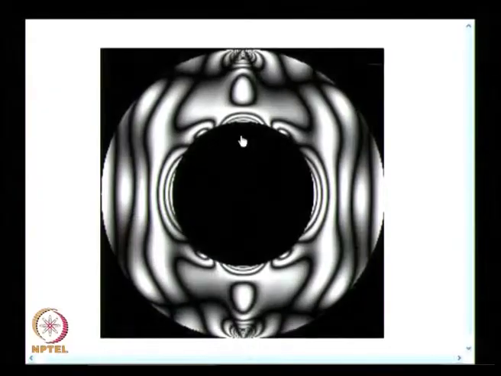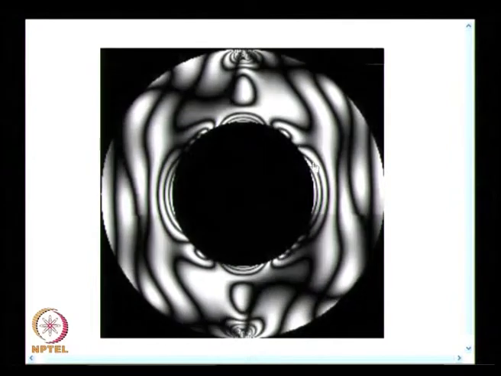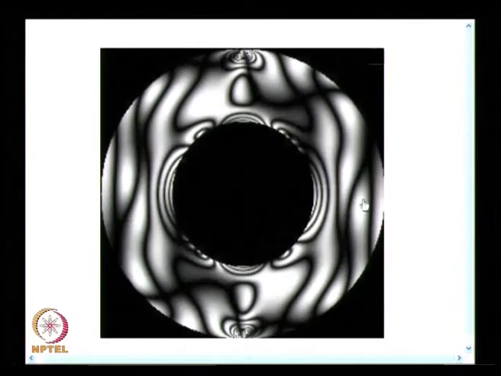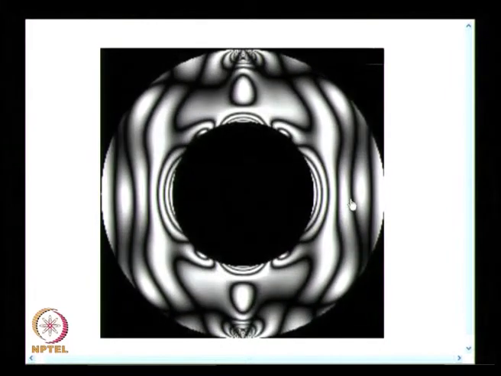In this class there is more of observation and less of notes taking. You have to appreciate how the whole fringes appear, and there are many features you find, what is happening at this point and what is happening at this point. Very interesting, there something is happening. What is happening to this branch of isoclinic?